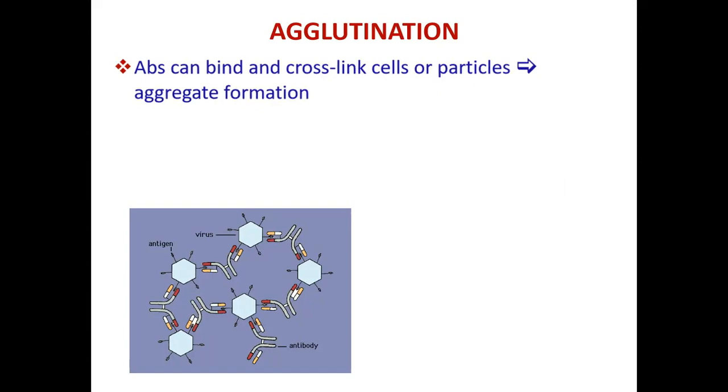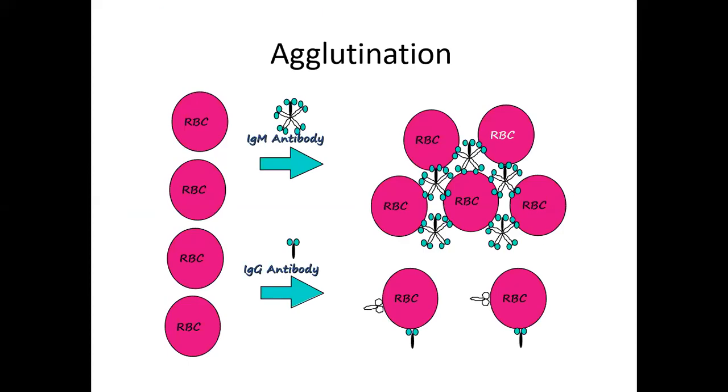So antibodies can bind and cross-link cells or particles, resulting in aggregate formation, entrapping microbes. Agglutination happens with red blood cells and immunoglobulin antibodies. You can see how they cause these to agglutinate, surrounding these red blood cells.